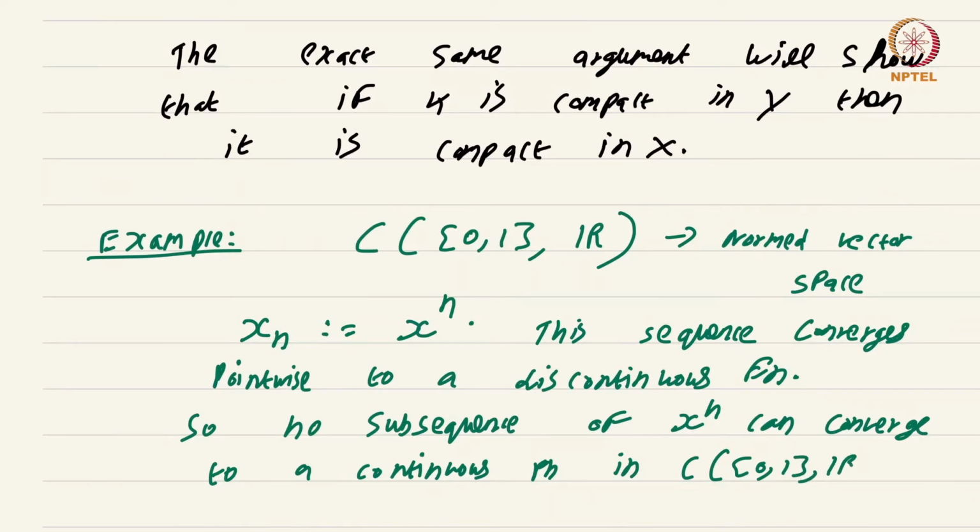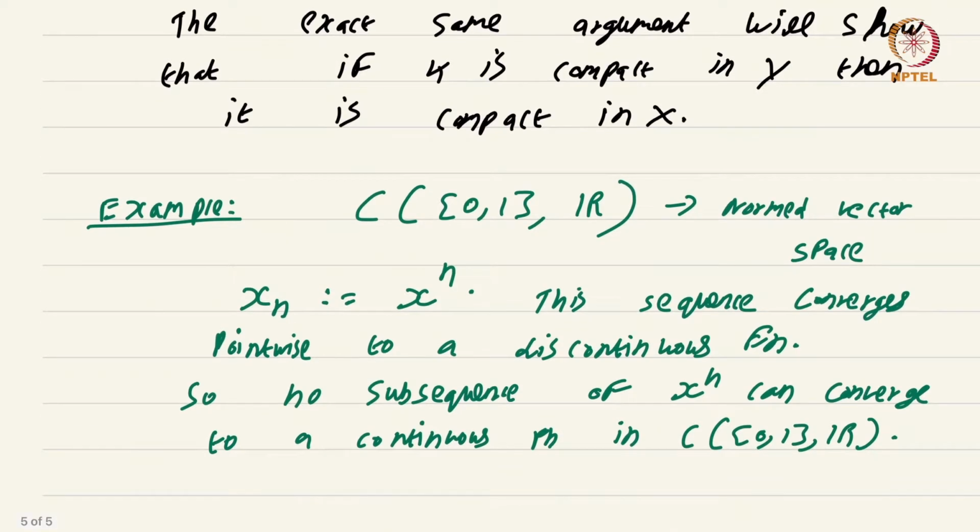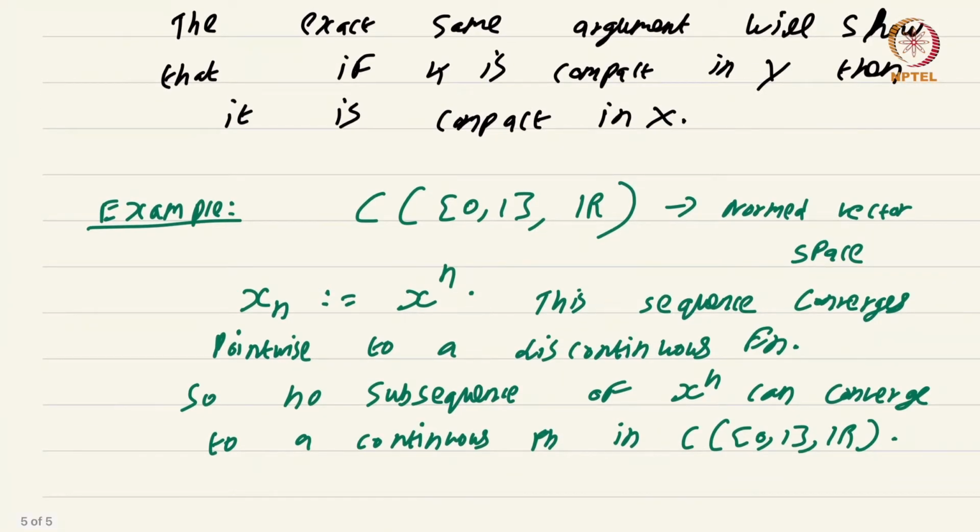The reason for this is you will have to work out an exercise that I have given earlier. The metric on C([0,1]) captures uniform convergence. That is, a sequence of functions f_n in C([0,1], R) converges to an element f in C([0,1], R) in the sup norm if and only if f_n converges uniformly to f.